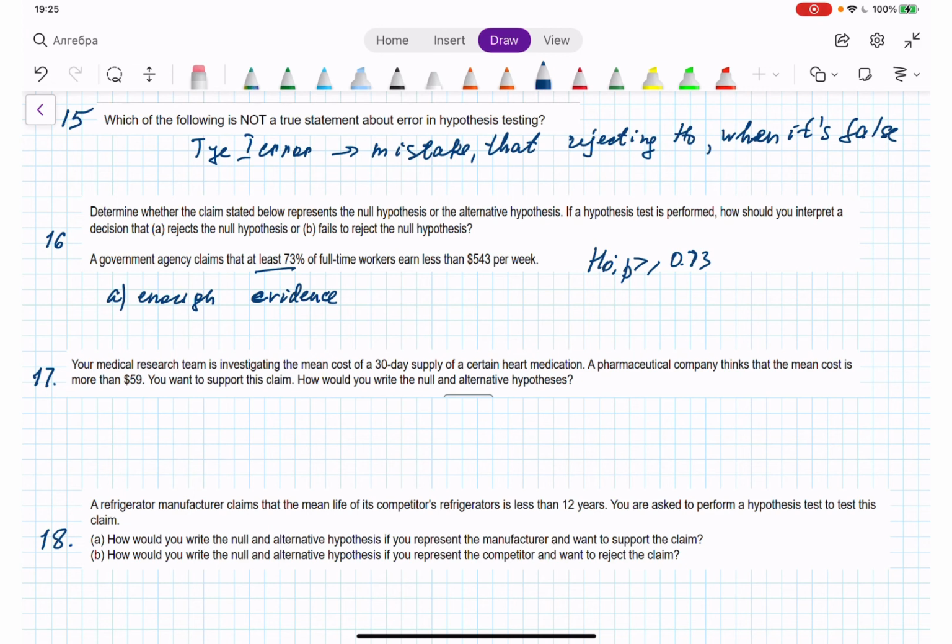Enough evidence to reject. And B, how would you interpret the decision that fails to reject the null hypothesis? We would say there is not enough evidence to reject the claim that at least 73% of full-time workers earn more than $543 per week.